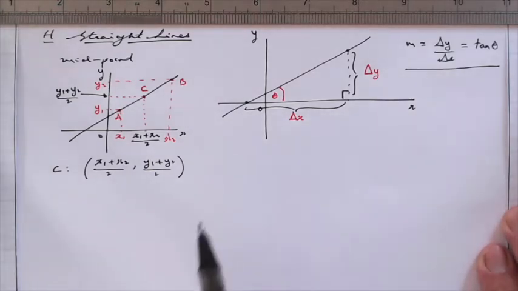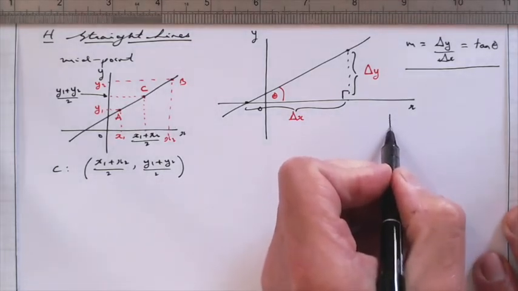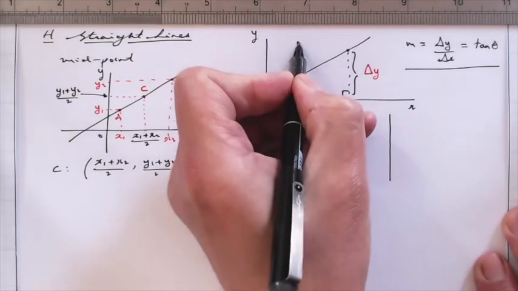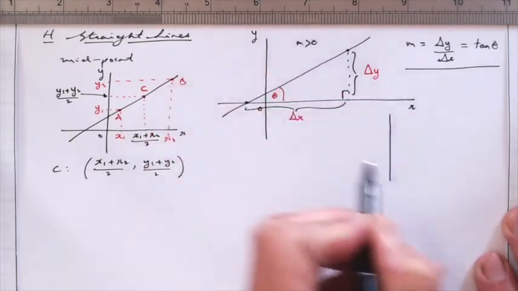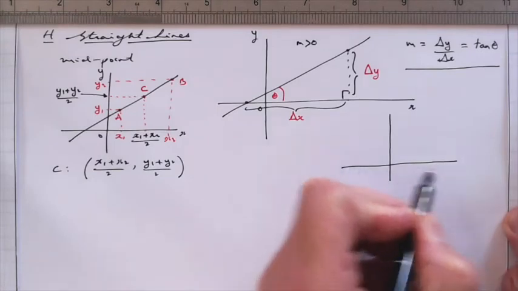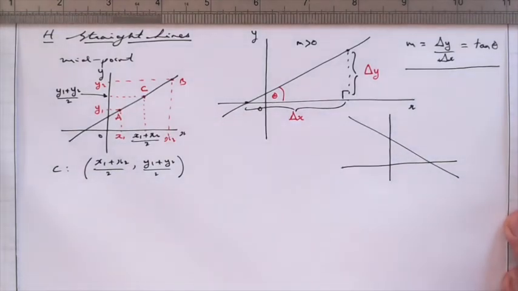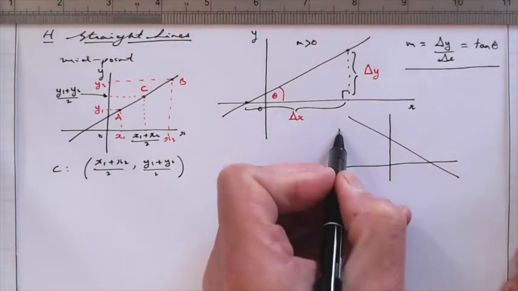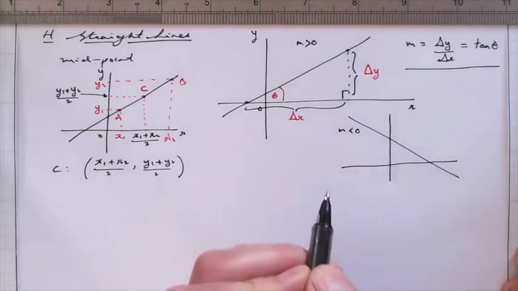Now we do have to be cautious if we're dealing with lines that have a negative slope. So let me sketch such a beast. So this slope here is obviously positive, but here now let me draw a straight line with a negative slope. So here this line has a negative slope.